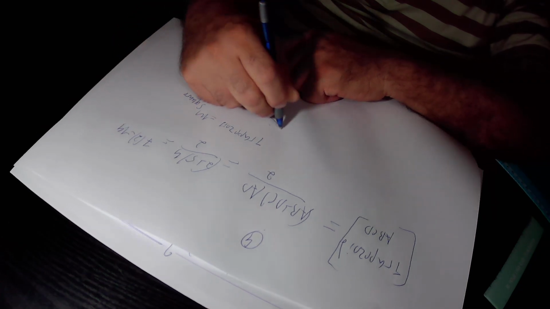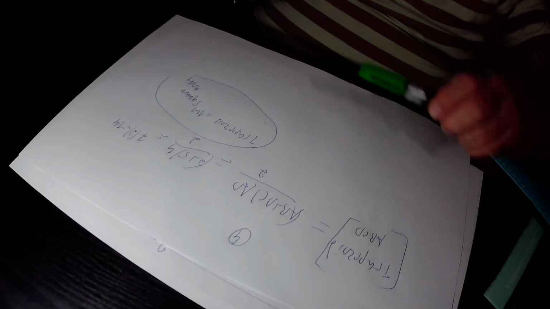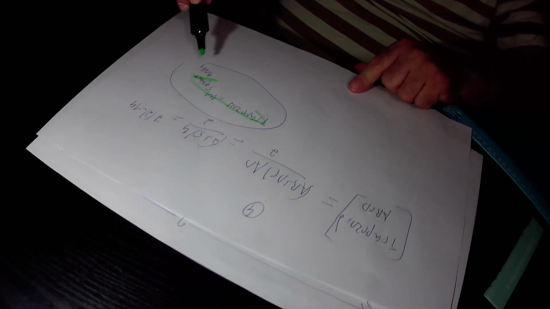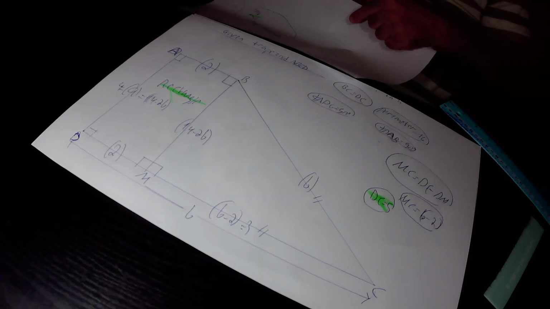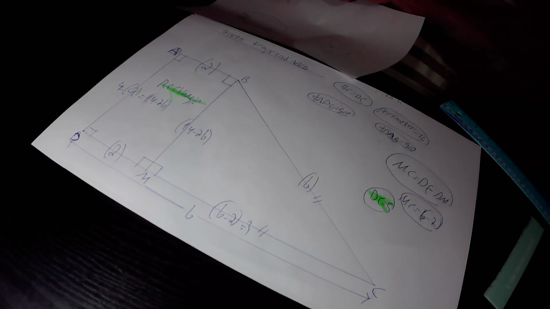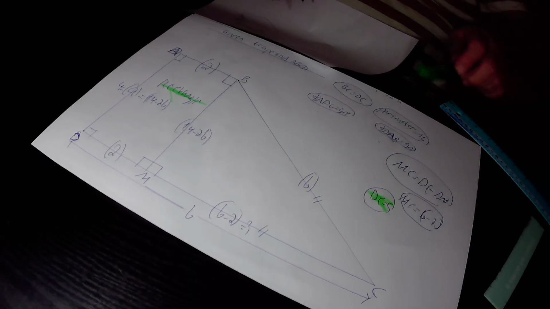Repeat again: the area of this trapezoid ABCD is equal to 14 square units. So we finish the first question.